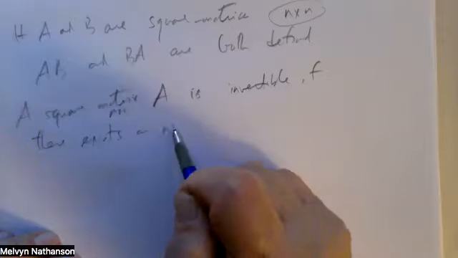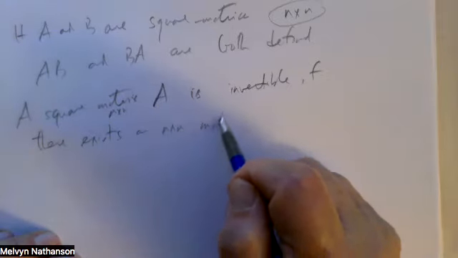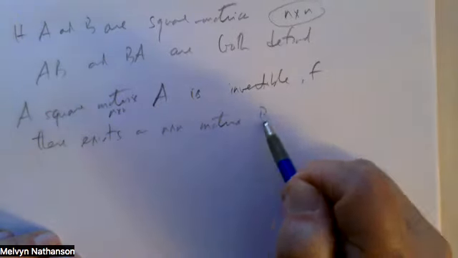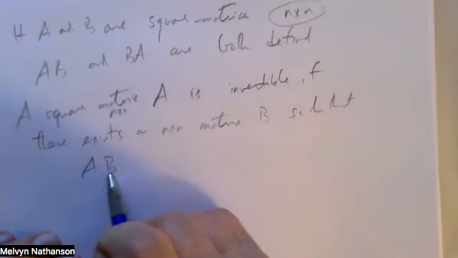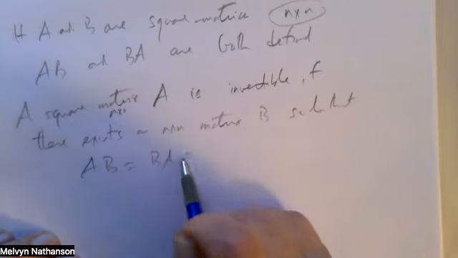There exists an n by n matrix B such that A times B and B times A are both equal to the n by n identity matrix.